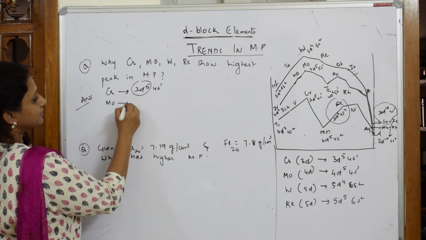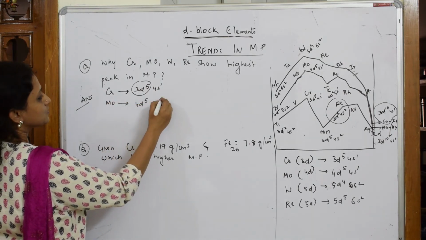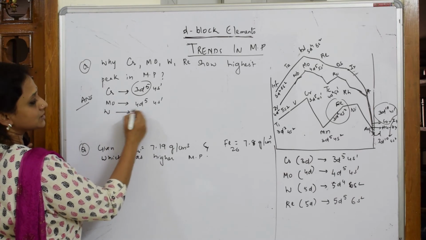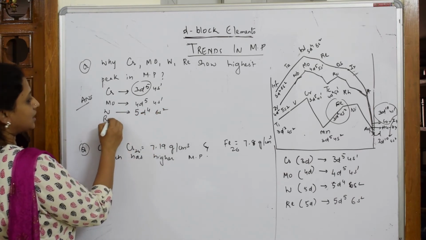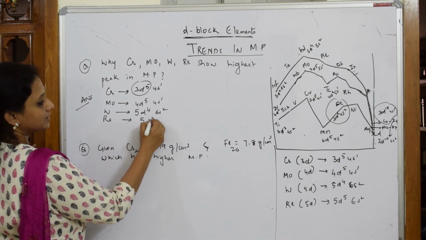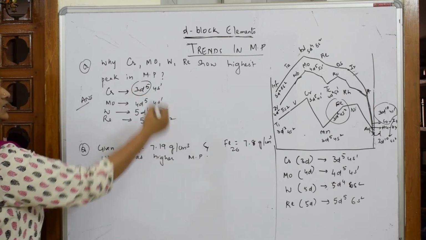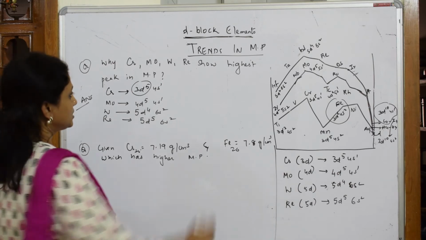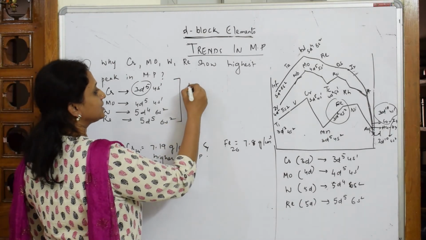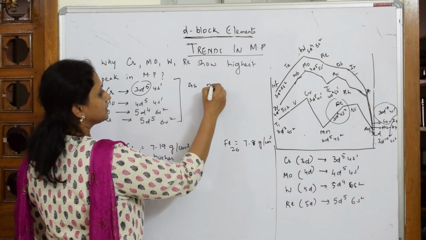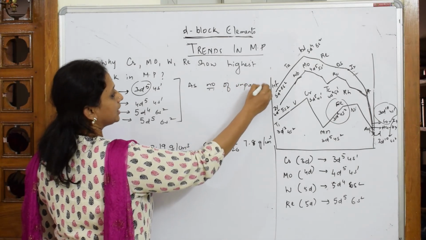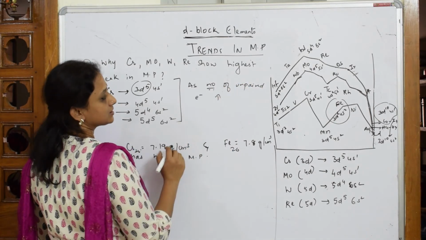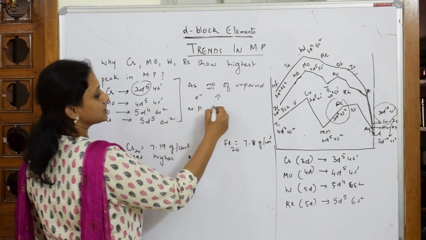Molybdenum is 4d5 5s1, tungsten is 5d4 6s2, and Re is 5d5 6s2. So everywhere you have the number of unpaired electrons. You can generalize and write: as the number of unpaired electrons increases, the melting point increases.